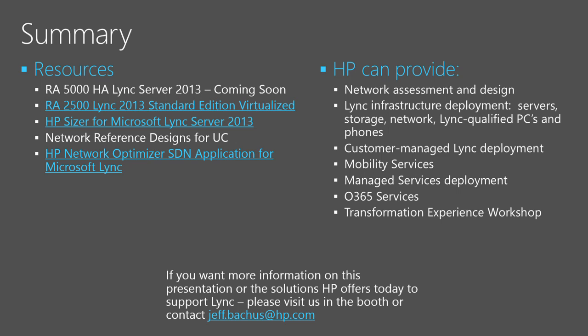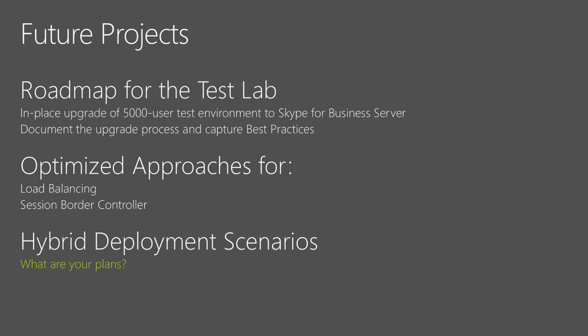And with that, since we're kind of out of time, just future projects, I think we covered those in the presentation. We're upgrading our lab to Skype for Business, 5,000 users. And then we want to hear, again, either talk to Jeff or otherwise email him, what would you like to see from us? We're also playing with how we're going to define a hybrid deployment.